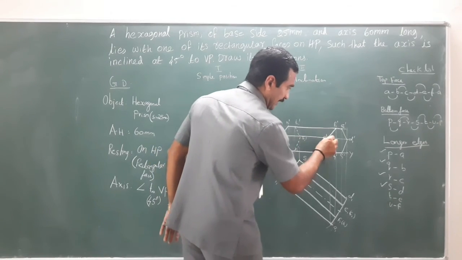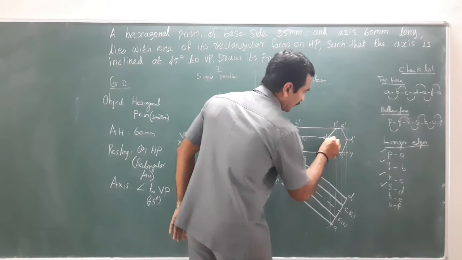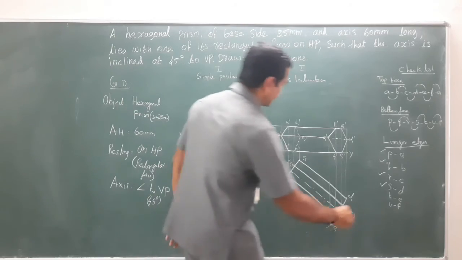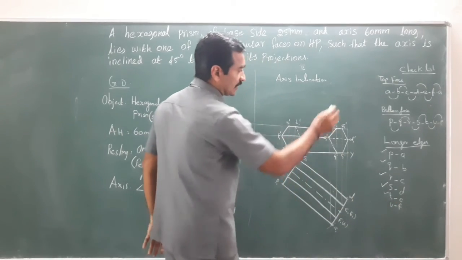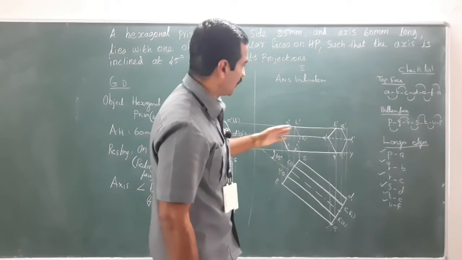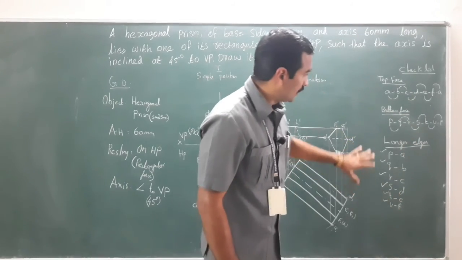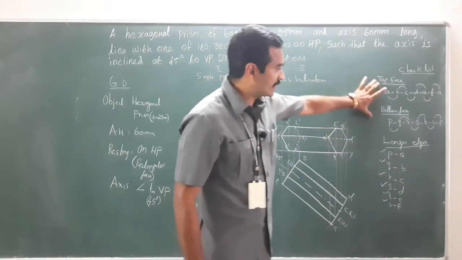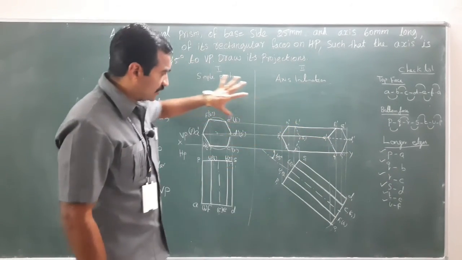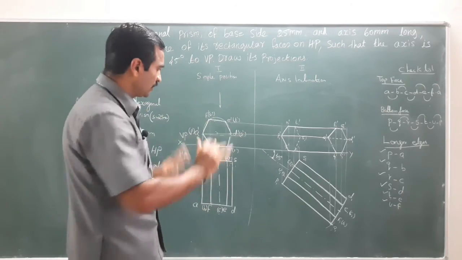So up to A, that is visible, then next it is invisible. Next comes TE, which is already covered in the boundary. UF is also already covered in the boundary. So with this checklist, I have covered all the edges as well as the longer edges, isn't it? So with this, the projections of this particular solid, that is a hexagonal prism, has been completed.